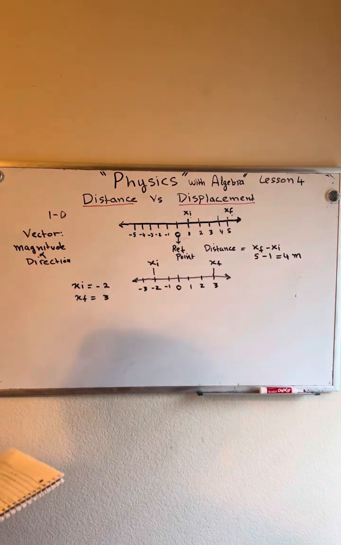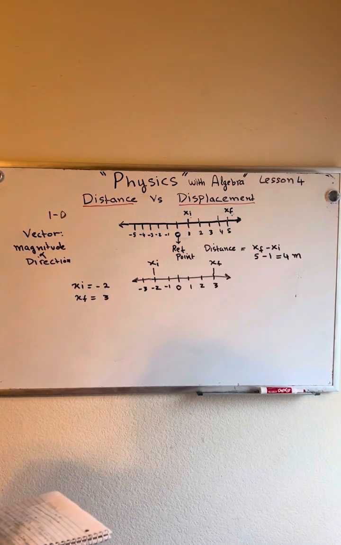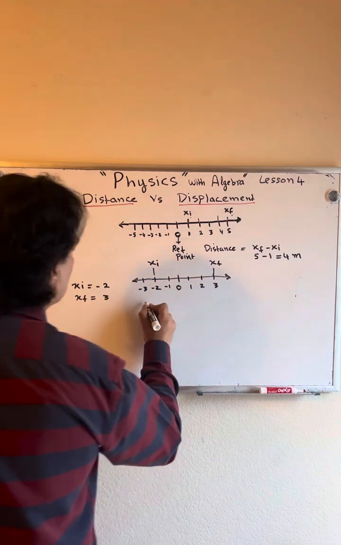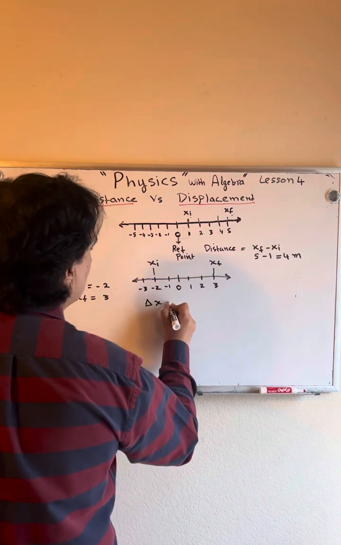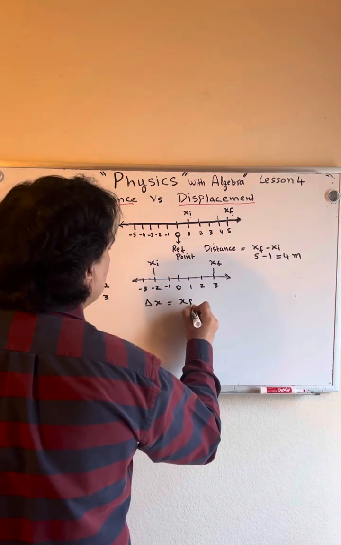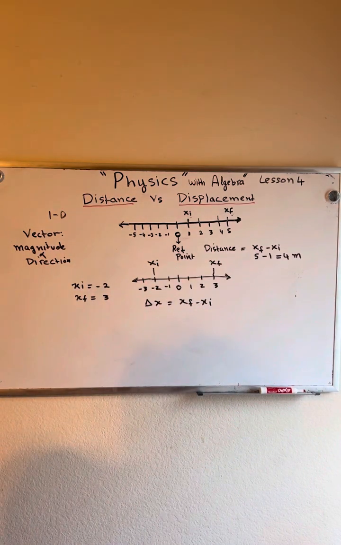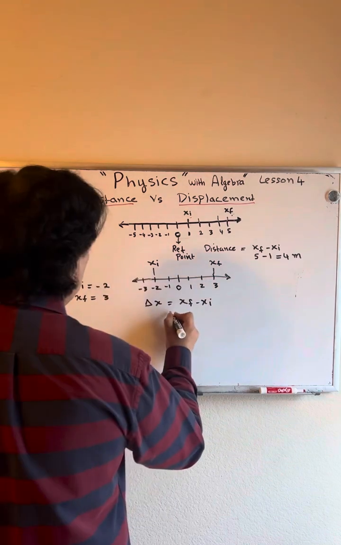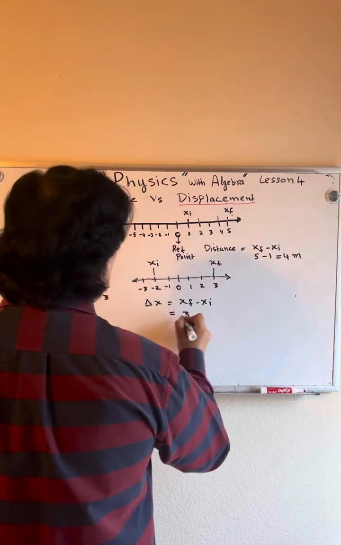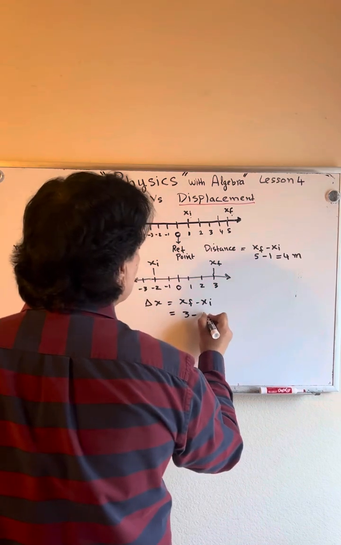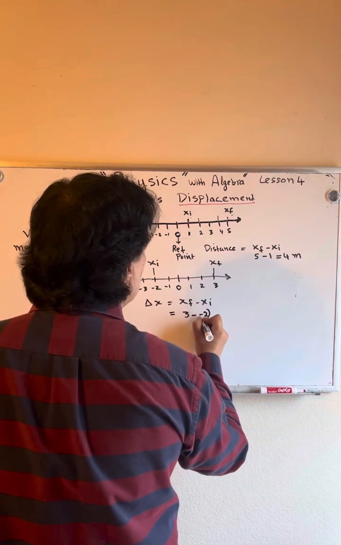First of all, let me ask you this. How would you find the displacement, okay? Well, delta x is equal to xf minus xi, okay? So what is xf in this case? xf is 3, and xi is -2, so it's going to be minus times -2, right?